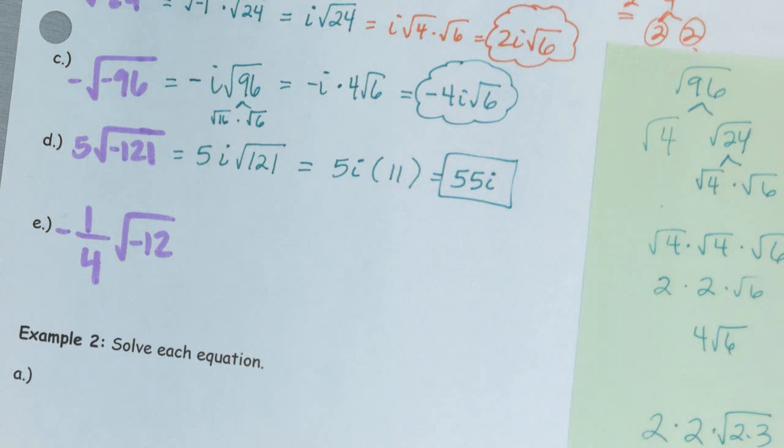Okay, so if we haven't simplified the square root of negative 12, I want you to do that. And then we are going to be multiplying it by the fraction. So just think about, how do I multiply a fraction by a whole number?